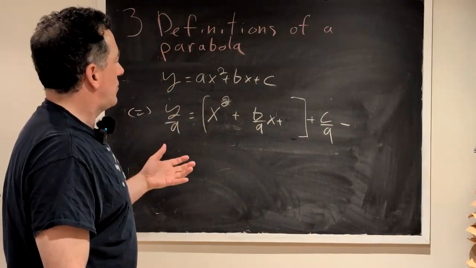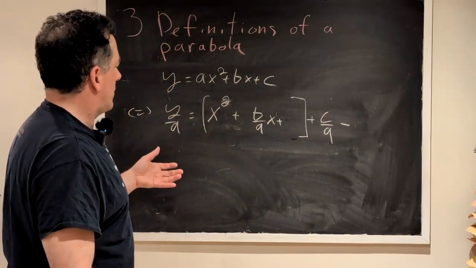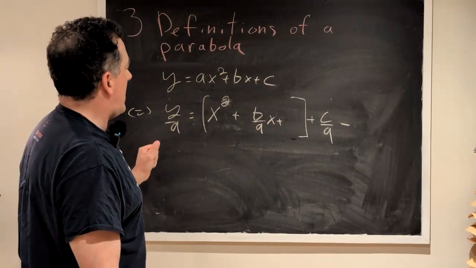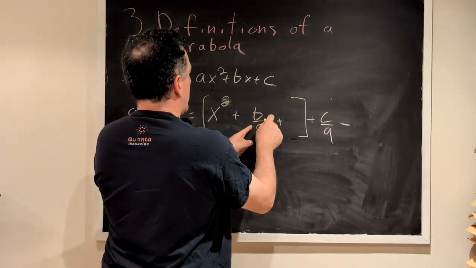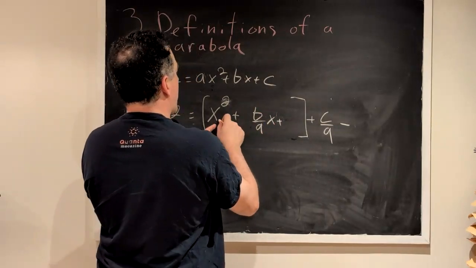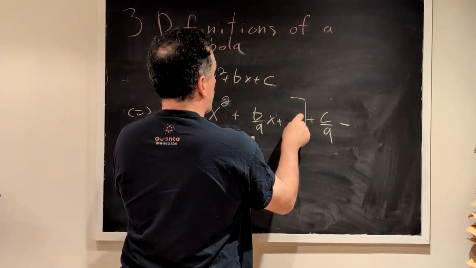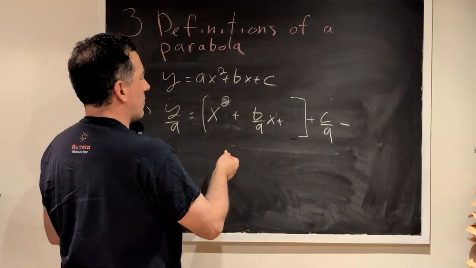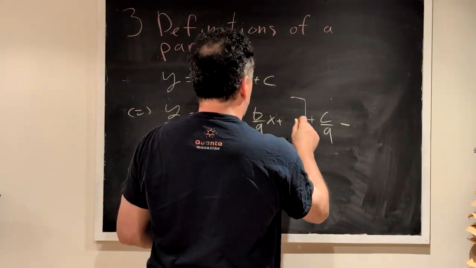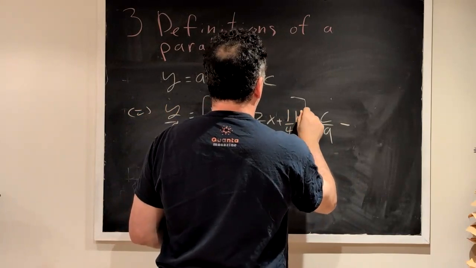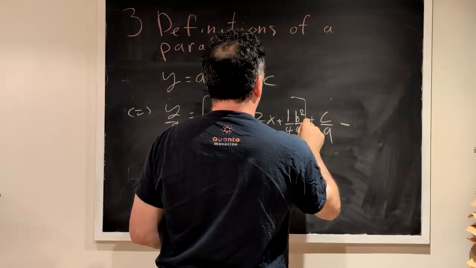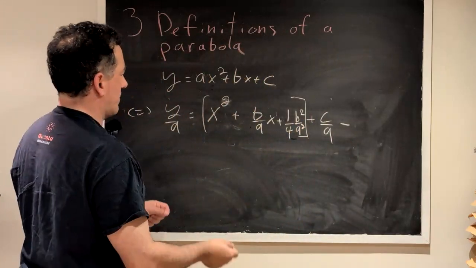If we remember the square of a binomial formula, what we want is twice x times the term that will be squared here. So if we add 1/4 b squared over a squared, we will get a perfect square.